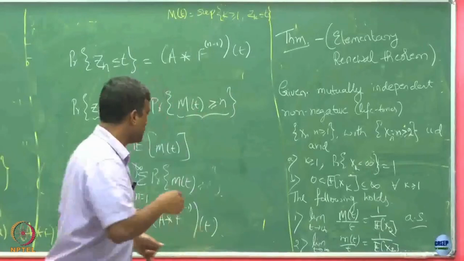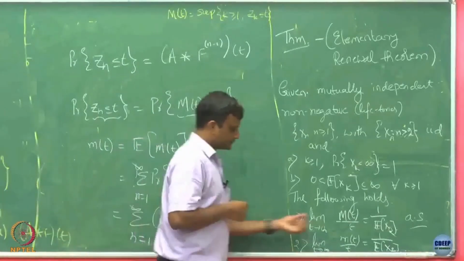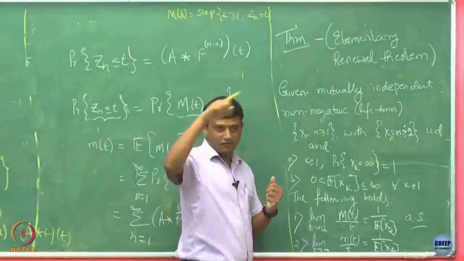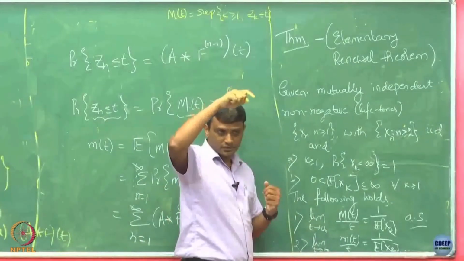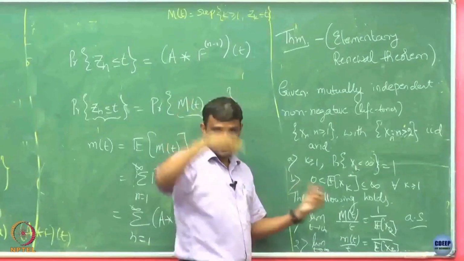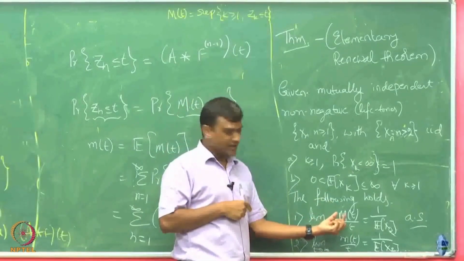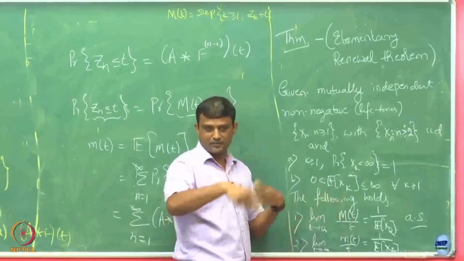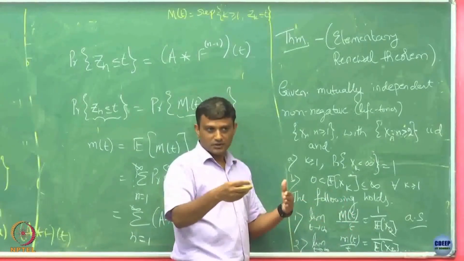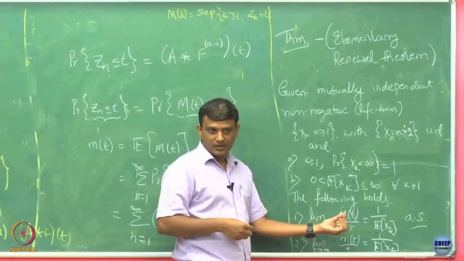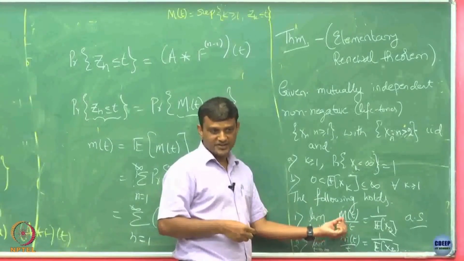And now when you divide it by t, you are basically asking the number of returns to state j over a period of time t. So on an average, how many returns to state j are happening, right.